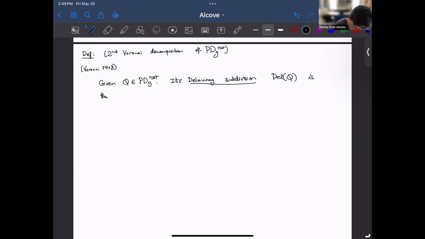Let me describe it in story form. To compute the subdivision, you consider inside R to the G cross R the points of the form (x, x transpose Qx), where x ranges over all lattice points.